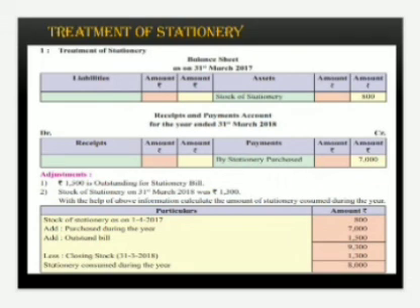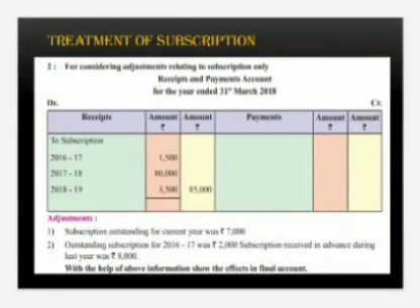Okay, then we will see the treatment of subscription. This is also one of the important adjustments. See here, under the receipts and payments account, on the debit side, receipts are given. These receipts are given for 3 years, meaning the last year, current year and the next year.